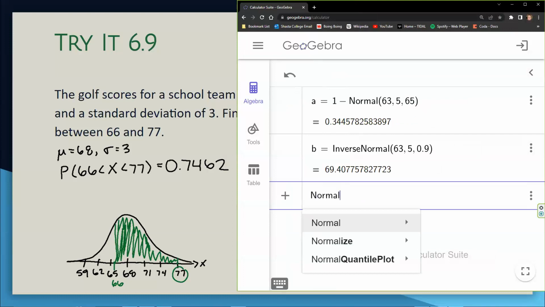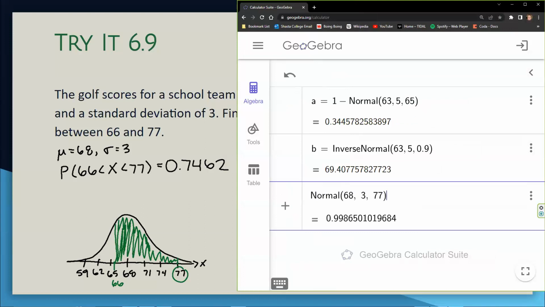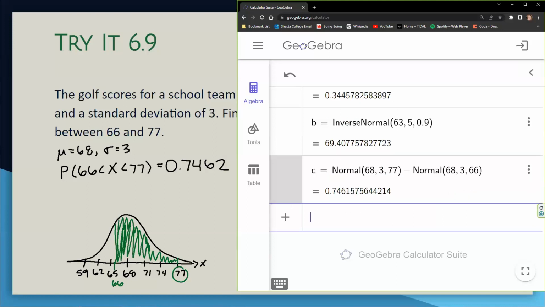GeoGebra does it backwards from the TI-84. So a mean of 68, a standard deviation of 3, an upper bound of 77. And then I want to subtract from that normal, and then same mean and standard deviation, 68 and 3, and then a lower bound of 66. And we get, just like we did on the TI, 0.7462.